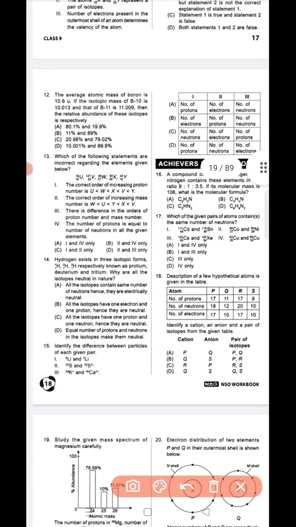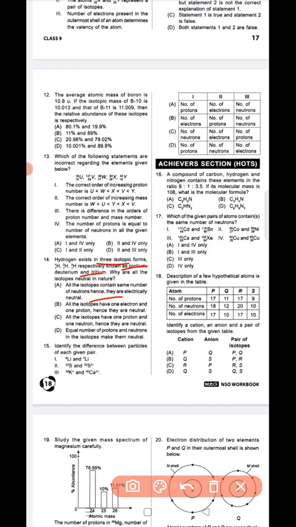Question number 14: hydrogen exists in three isotopic forms, 1/1 H, 2/1 H, 3/1 H, respectively known as protium, deuterium and tritium. Why are all the isotopes neutral in nature? All of the isotopes contain the same number of neutrons, hence they are electrically neutral.